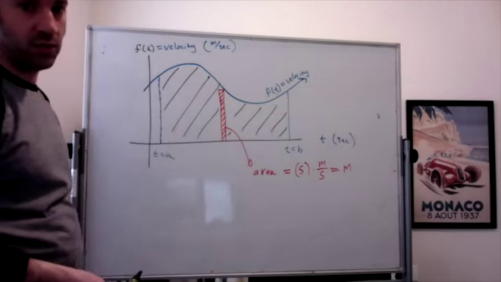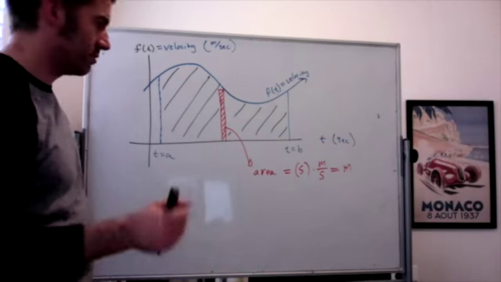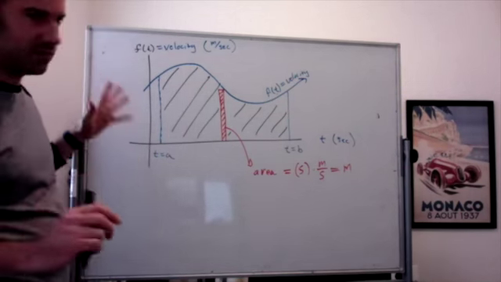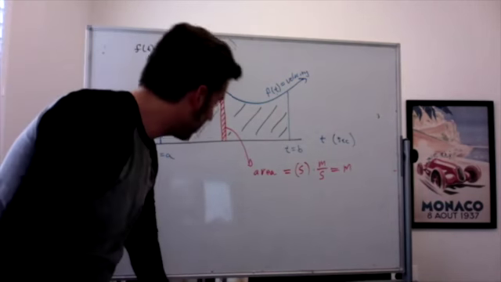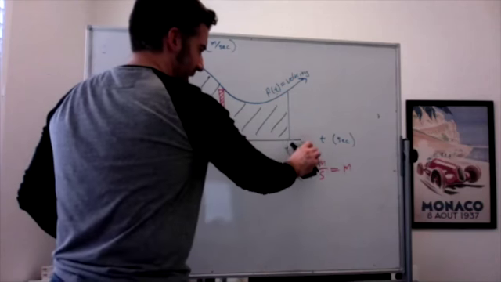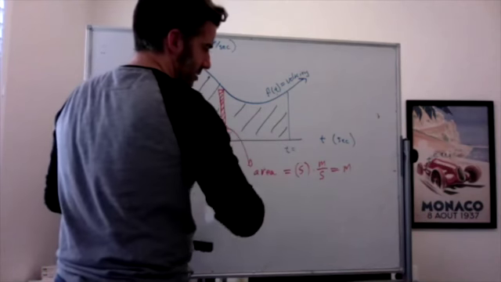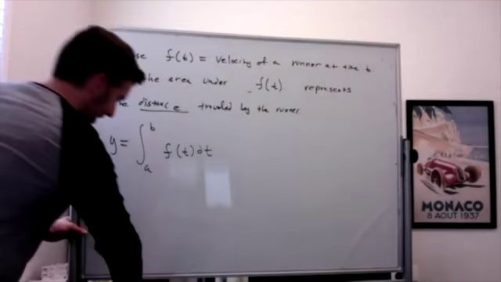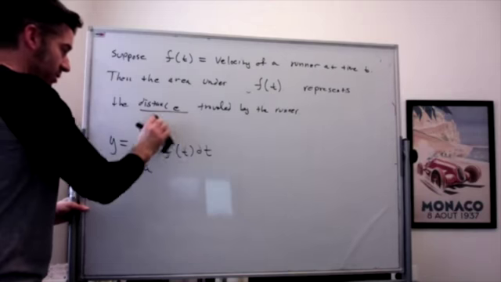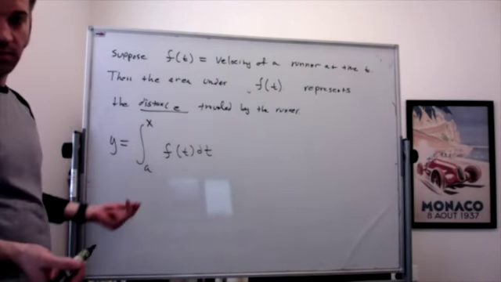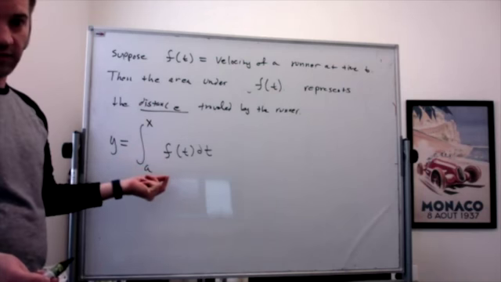Sorry, I keep making small, tiny mistakes. Instead of saying from a to b, I actually want to go from a to x, so that I'm doing the integral not from a to b, but from a to x. There is a really good reason for this. So y equals the integral from a to x of f of t dt.